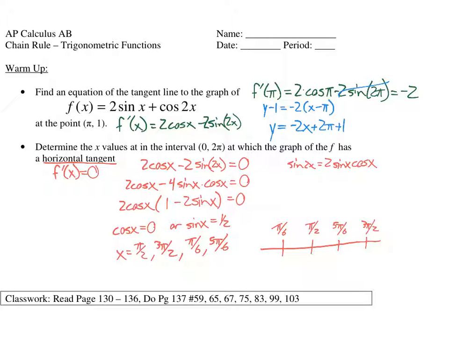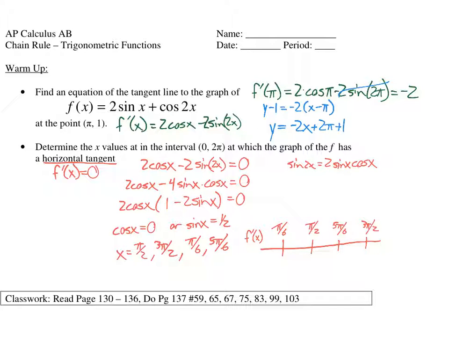So now we're testing, we would test the derivative to see what sign it would have. So let's say I plug in a 0, or I guess I should use pi over 12 or something like that.